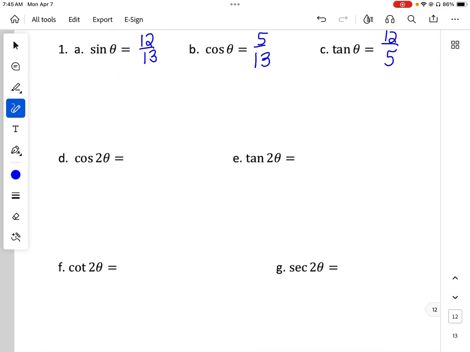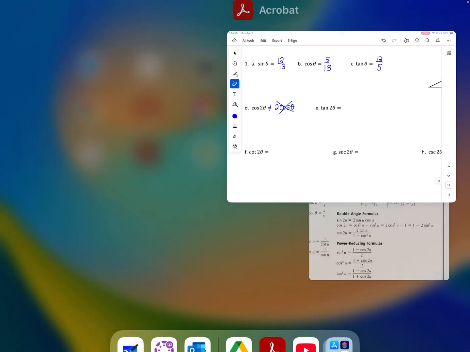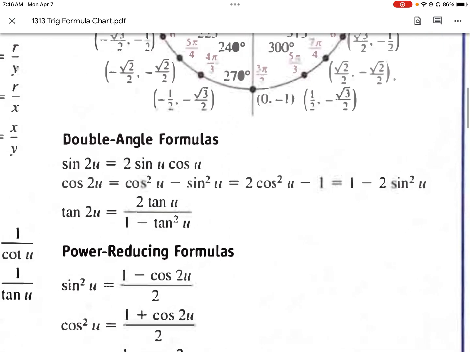Okay, so this is where we are going to apply the double angle formula, because this says cosine 2 theta. This does not mean 2 times cosine theta. That is not how we're going to do it. We've got to look at that formula chart. We actually have 3 different ways to use the formula: cosine squared u minus sine squared u, 2 cosine squared u minus 1, and 1 minus 2 sine squared u.